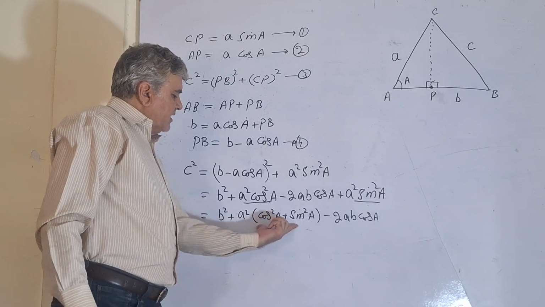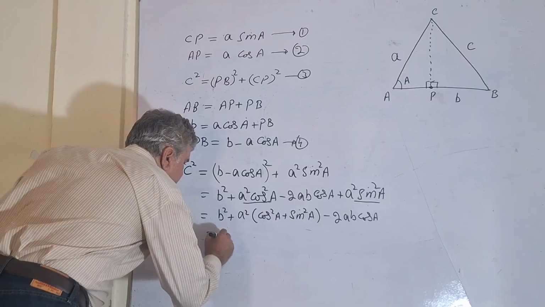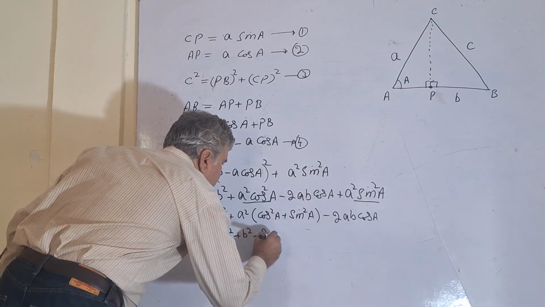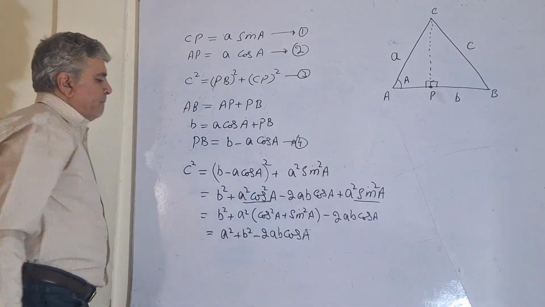So this whole term gives me a squared, and I rewrite the final relation in the form a squared plus b squared minus 2ab cos of angle A.